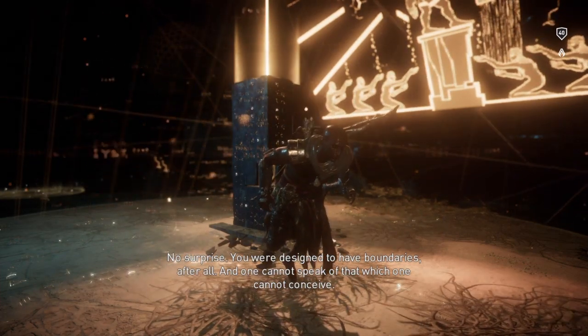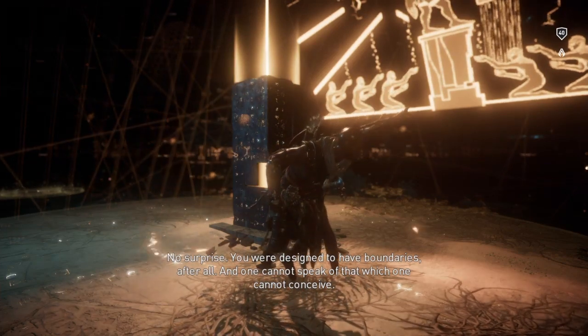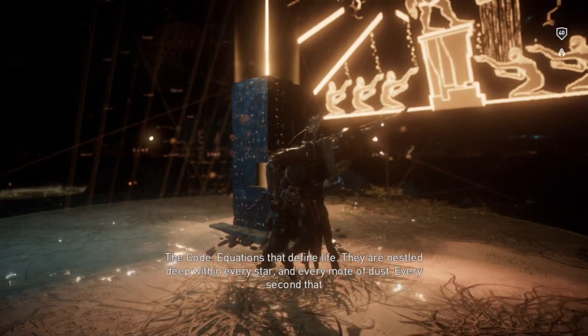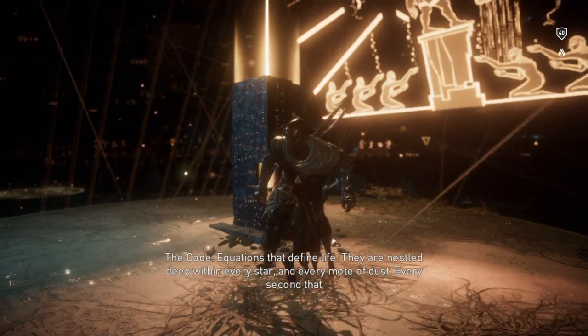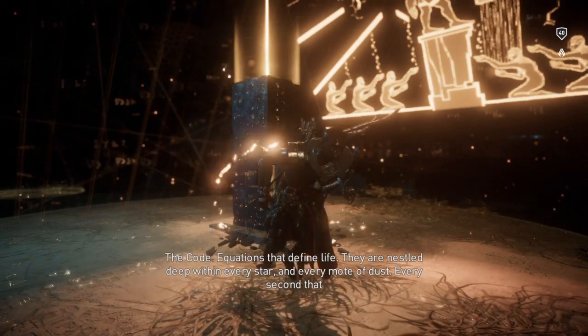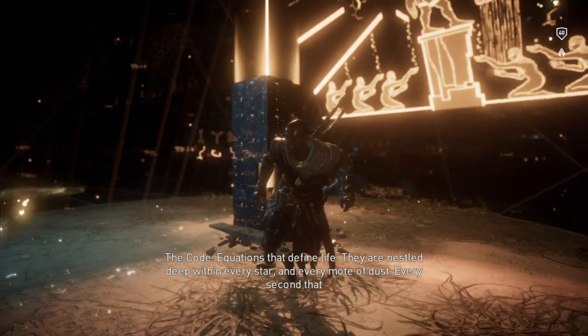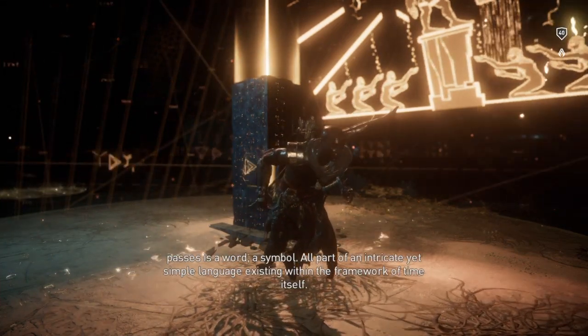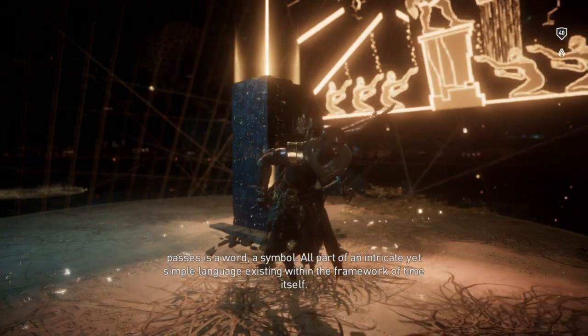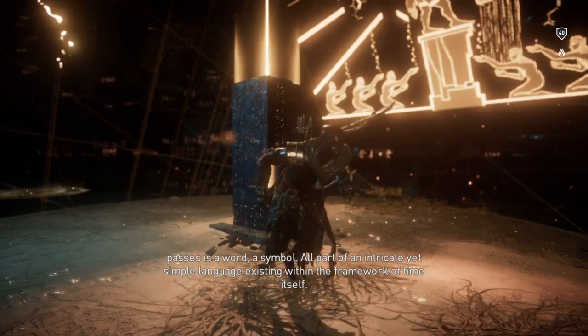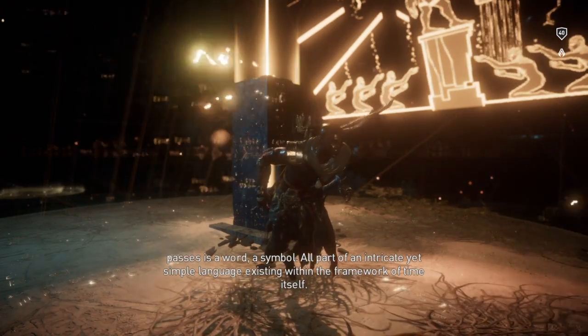And one cannot speak of that which one cannot conceive. The code. Equations that define life. They are nestled deep within every star and every mote of dust. Every second that passes is a word, a symbol, all part of an intricate yet simple language existing within the framework of time itself.